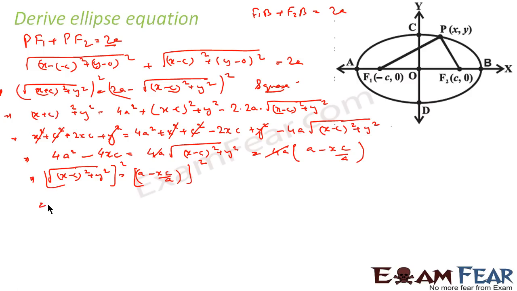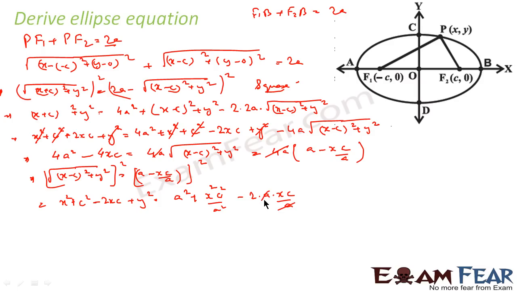So what I get is (x minus c) square, that is x square plus c square minus 2xc plus y square. This comes out to be a square minus x square c square by a square, actually minus 2 into a into xc by a.